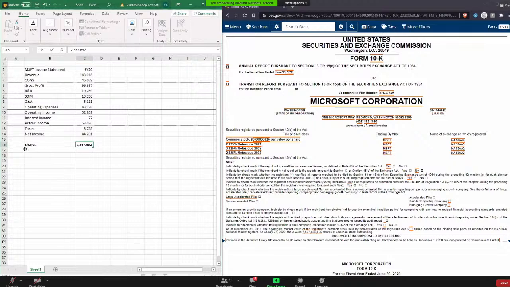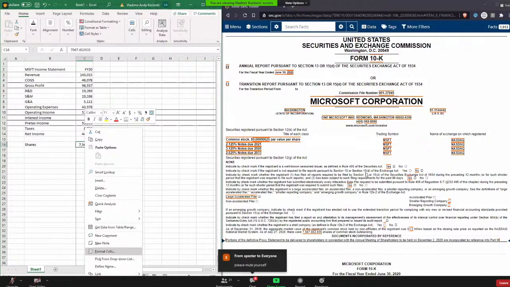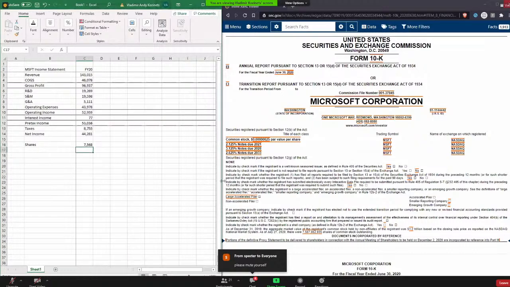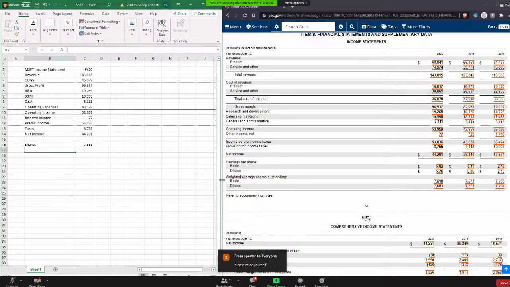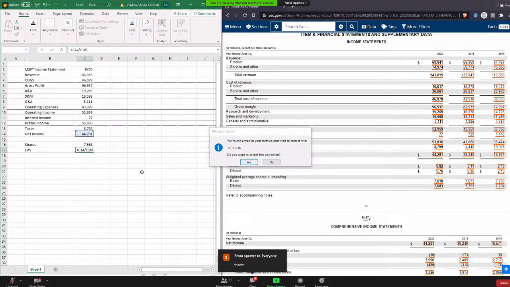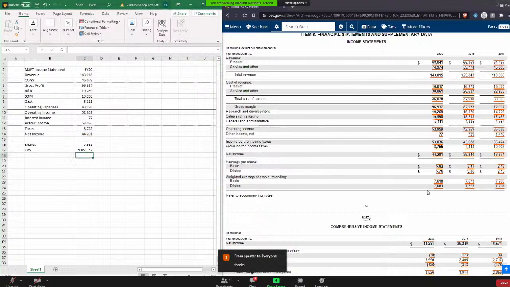No decimal places. Now let's go back to the financial statement. Earnings per share equals net income over shares. It's the same number as they have.